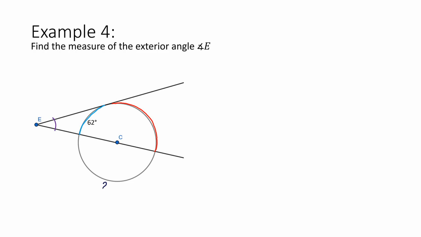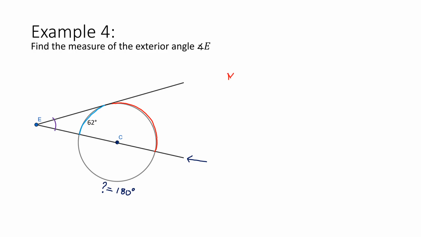I don't have this measure written down. But if you pay close attention to the diagram, this secant line is passing through the center of the circle. So I already know the measure of half of a circle, or half of a rotation. That is 180 degrees.